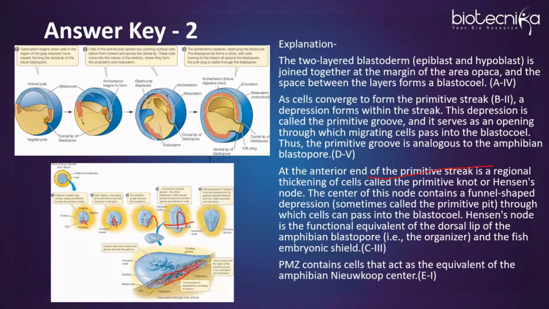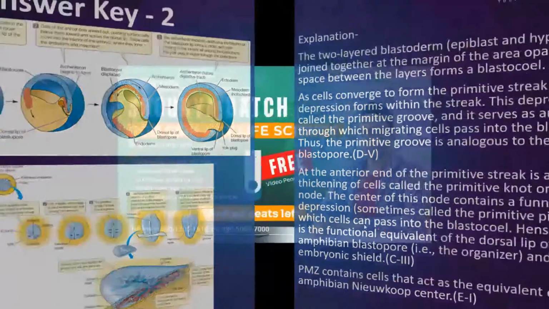In between, there will be the blastocele. You can see in between, there is the blastocele between the epiblast and the hypoblast. Okay. And Hensen's node is the place which is acting as the tip portion, equivalent to the dorsal lip of blastopore. So the PMZ acts as the equivalent of the nucleus center, and Hensen's node as the equivalent of the dorsal lip. So that's all.